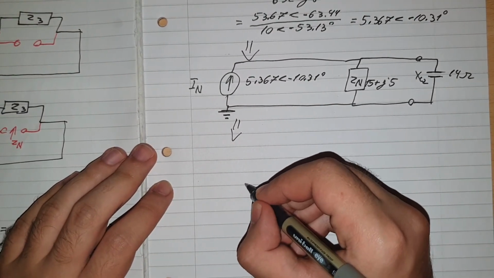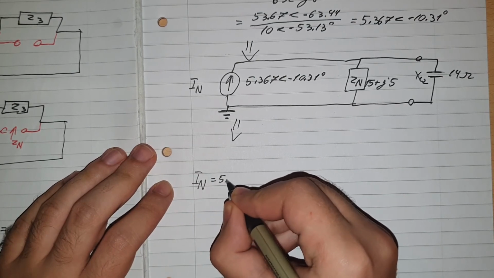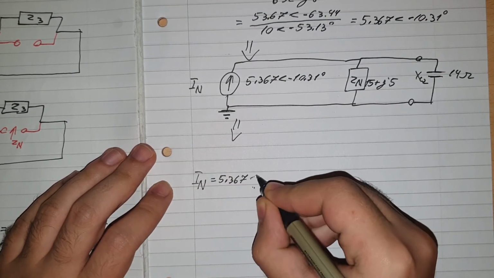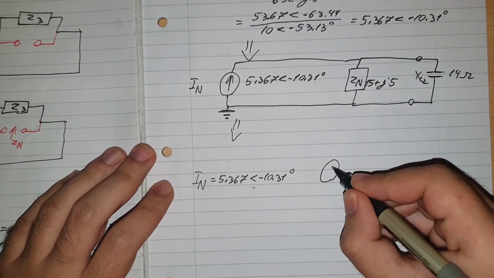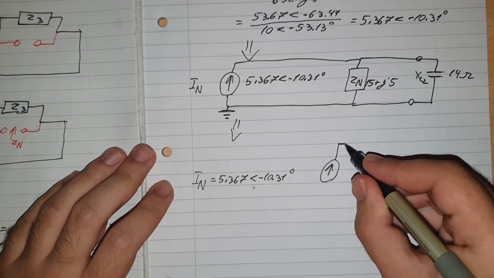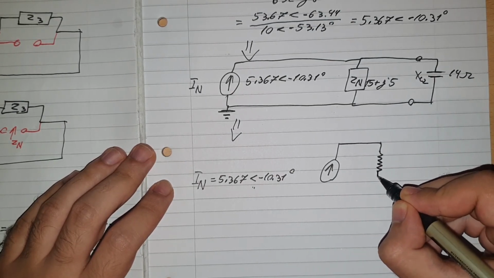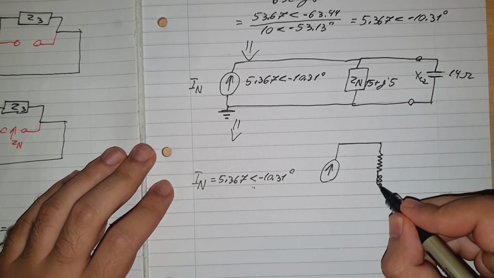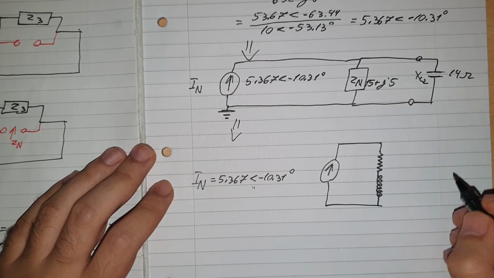So then let's see here, IN, which is equal to 5.367 at an angle of minus 10.31 degrees. Current source here, and then this one will be a resistor, then this one will be an inductor. There you go, connected together.